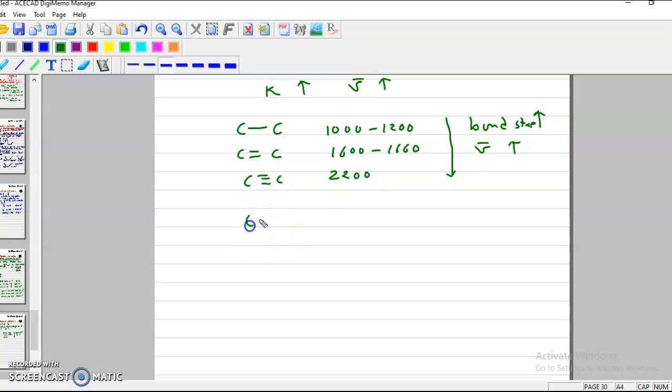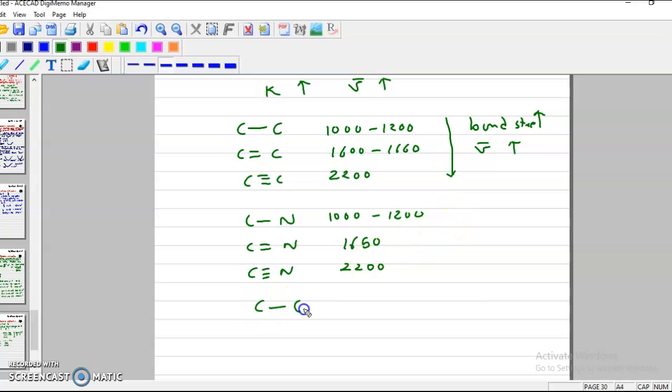Similar example is of C single bond N. For amines it is about 1000 to 1200. If there is C double bond N, then it is nearly 1650, and if it is C triple bond N, you will find absorption at 2200 centimeter inverse. Okay.